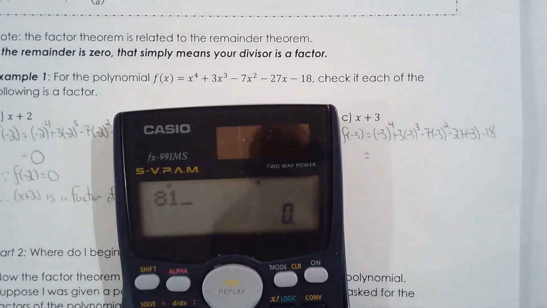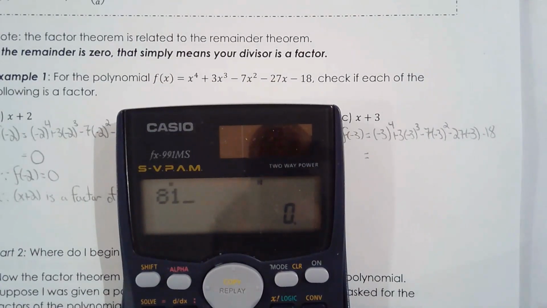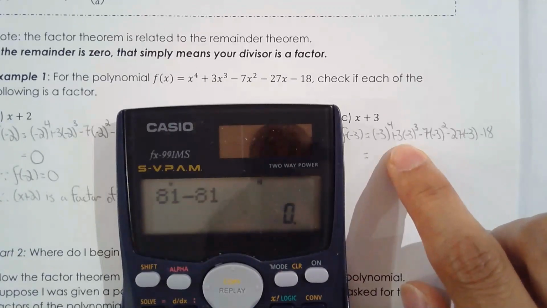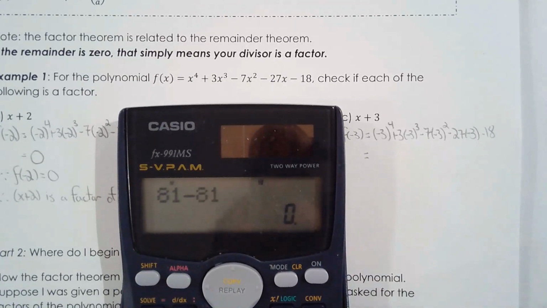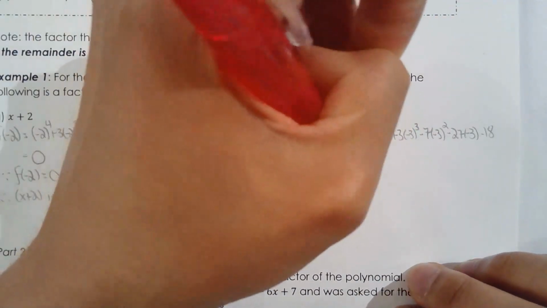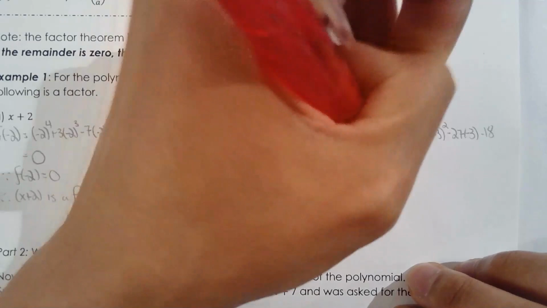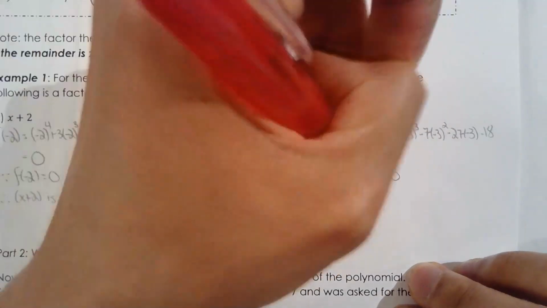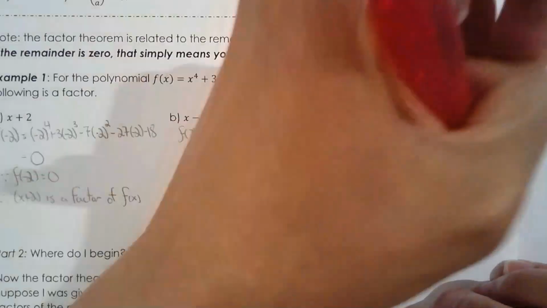So that's going to be 81, and that's going to be negative 81. It's negative, yep, and then 9, 7, so it's minus 63, and then plus 81, minus 18. Hey, it's 0. So, since f of negative 3 equals 0, therefore x plus 3 is a factor of f of x.